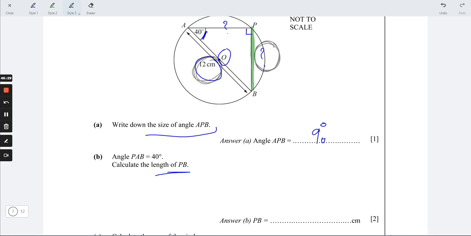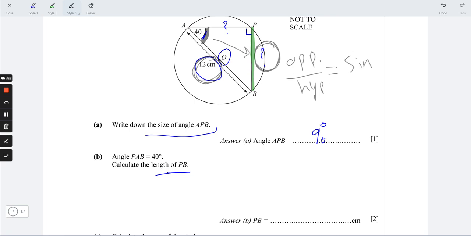So according to this angle here, angle A, opposite to the angle 40 here, we call it the opposite side. The opposite side over hypotenuse, we need to use sine.